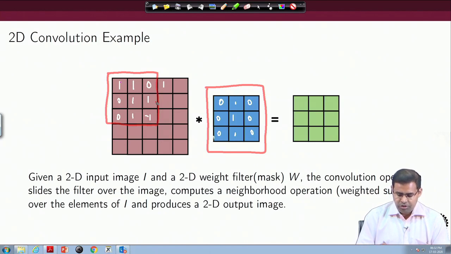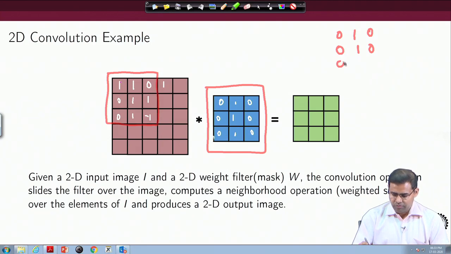Essentially you are multiplying element wise. So, the values that you are going to get are 0, then 1, then 0, then again 0, 1, 0, then again 0, 1, 0.